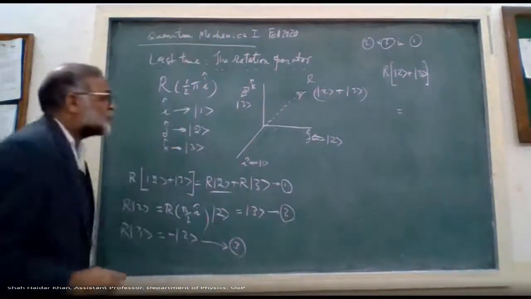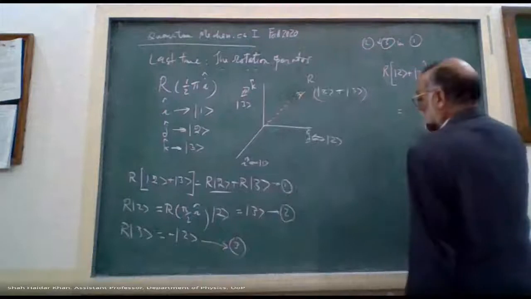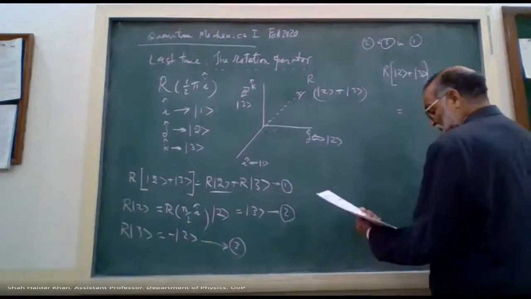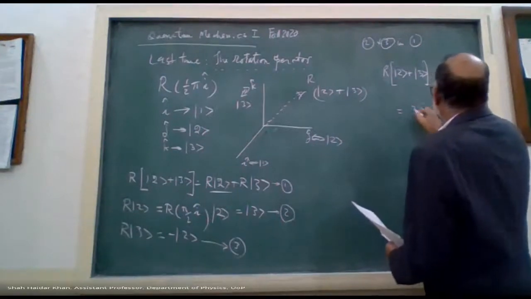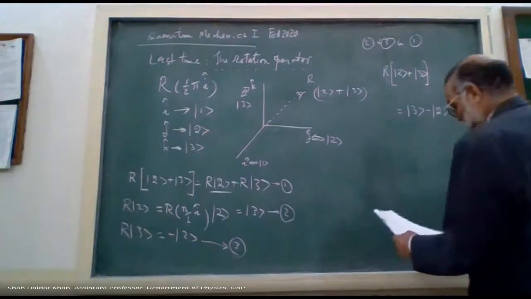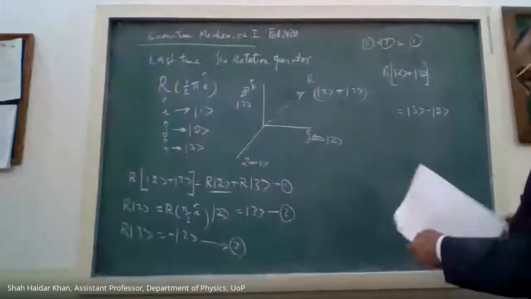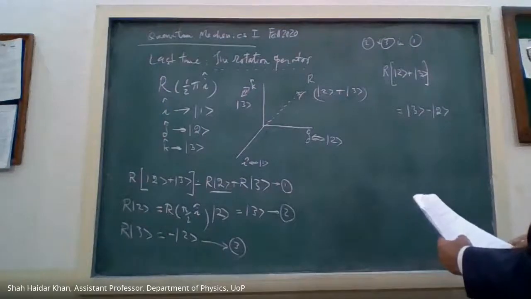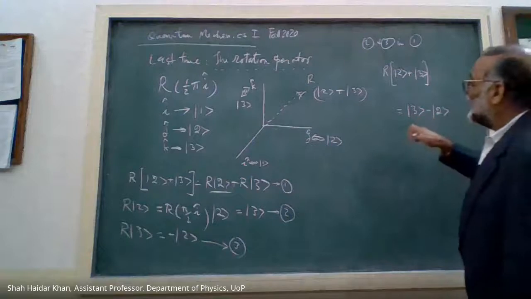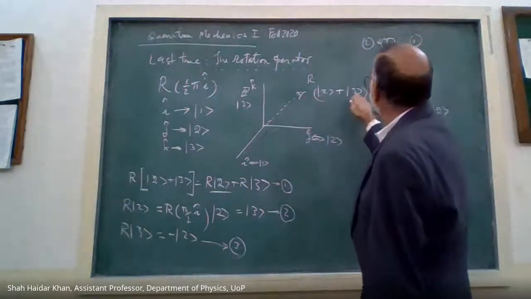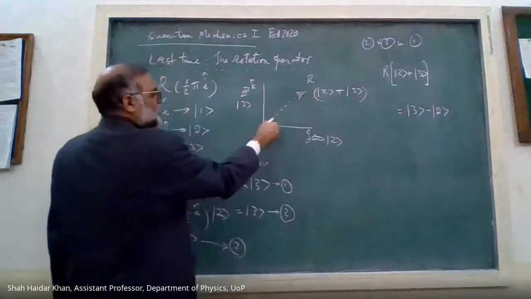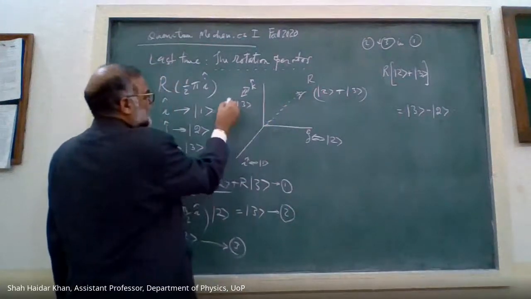This is k3. So it will be equal to k3 minus k2, right? So when we look at this, it will be like this. If this is k2 plus k3, and we apply this whole operator to it, it gives you something like this.